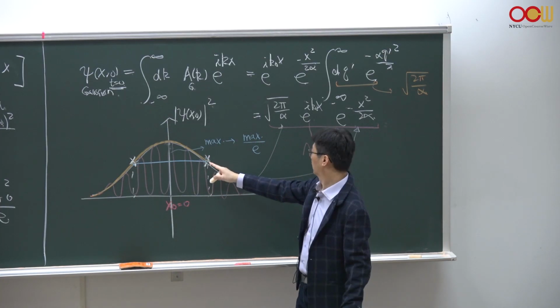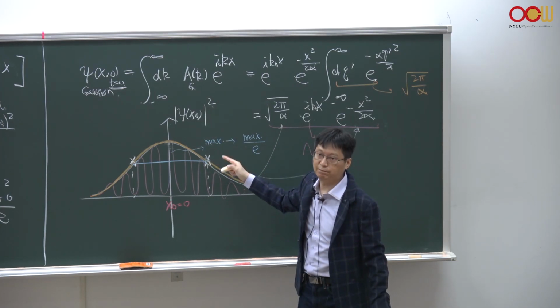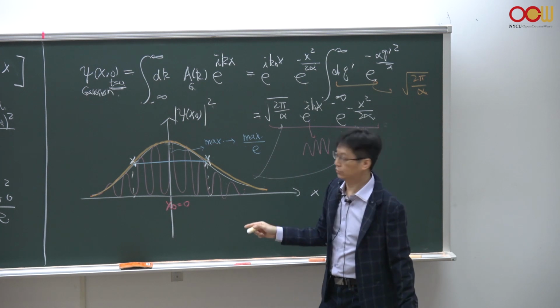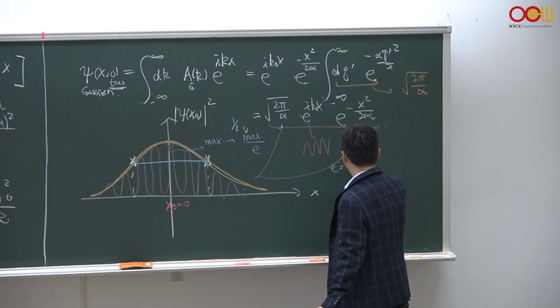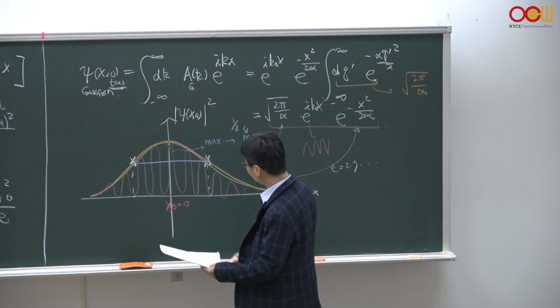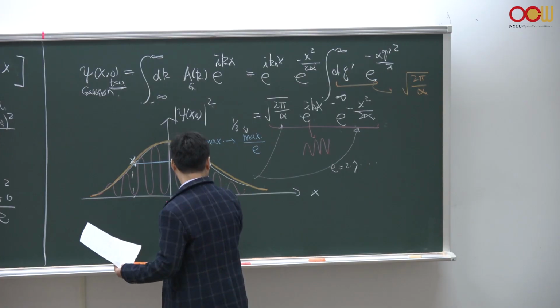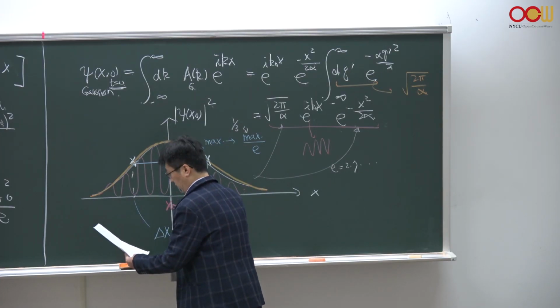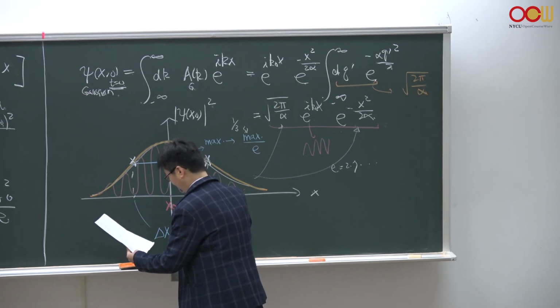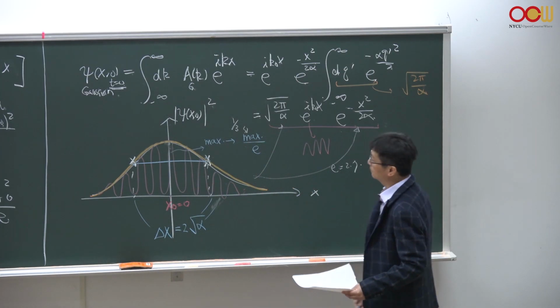correspond to the square amplitude where this magnitude decayed by 1 over e, which is about 1/3, because e is what? 2.7 something, right? Good. And we could calculate this delta x, and it is not hard to get this width, which is 2 times square root of alpha.